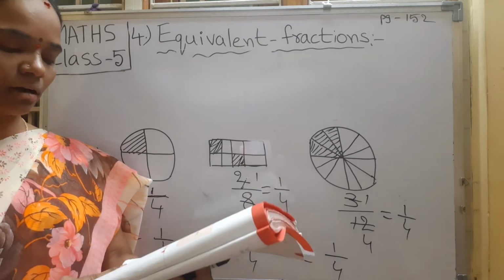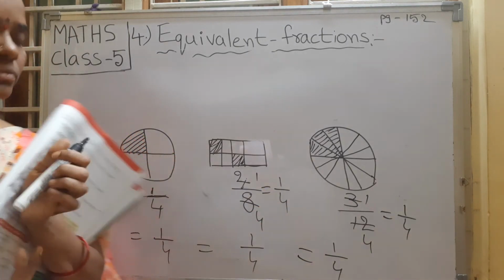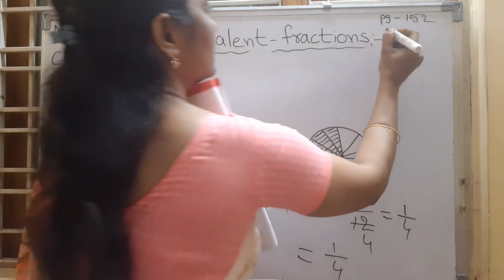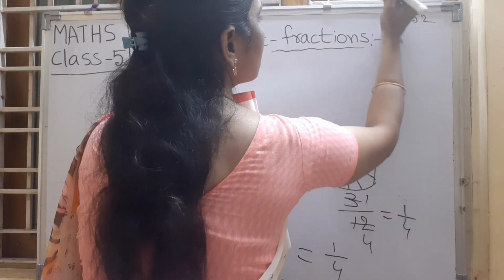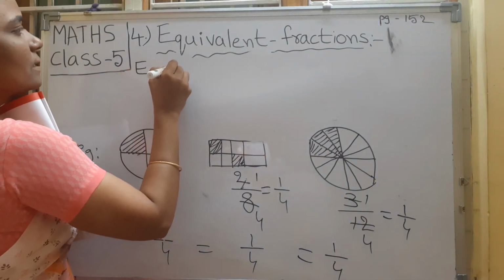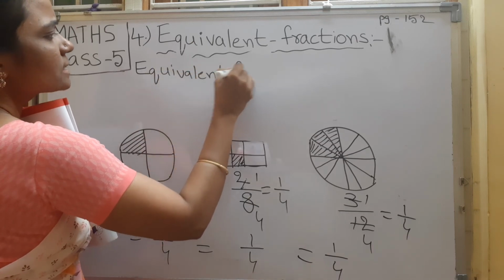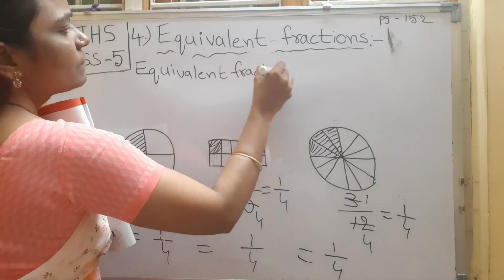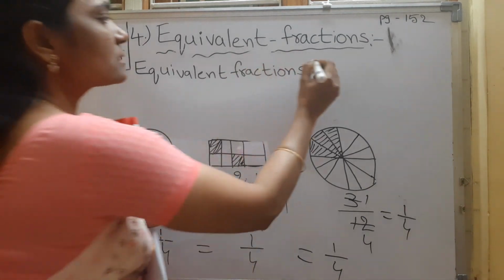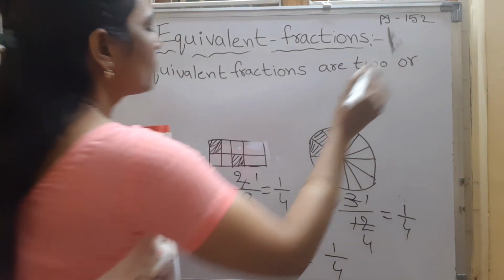Equivalent fractions are two or more fractions which have the same value. Yes, write down along with me. Equivalent fractions are, what are equivalent fractions? Equivalent fractions are two or more fractions.